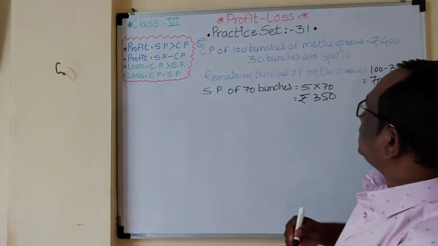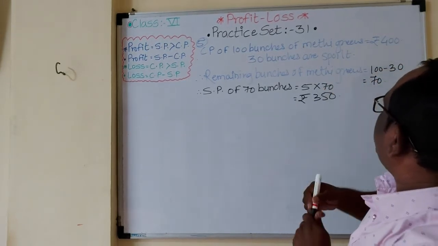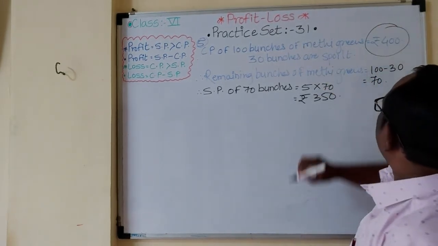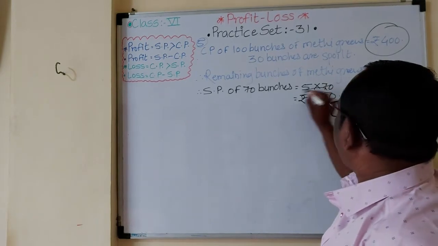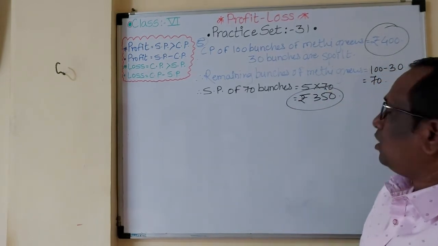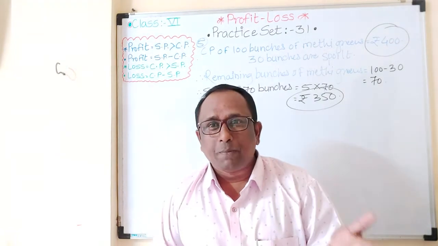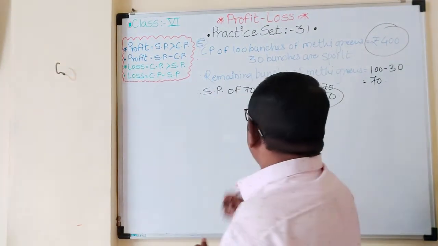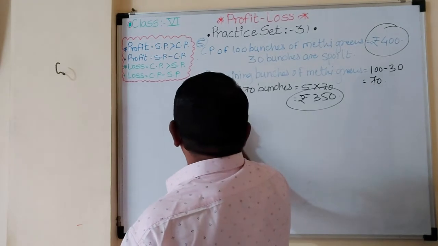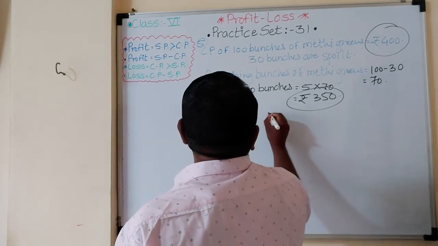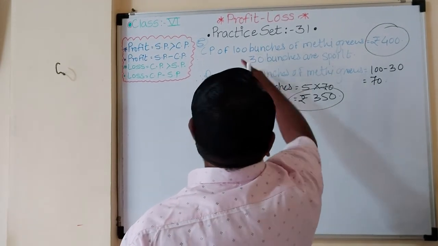Now we got the selling price, and the cost price is rupees 400, selling price rupees 350. So here CP is greater than SP. I have to write here cost price is greater than selling price.